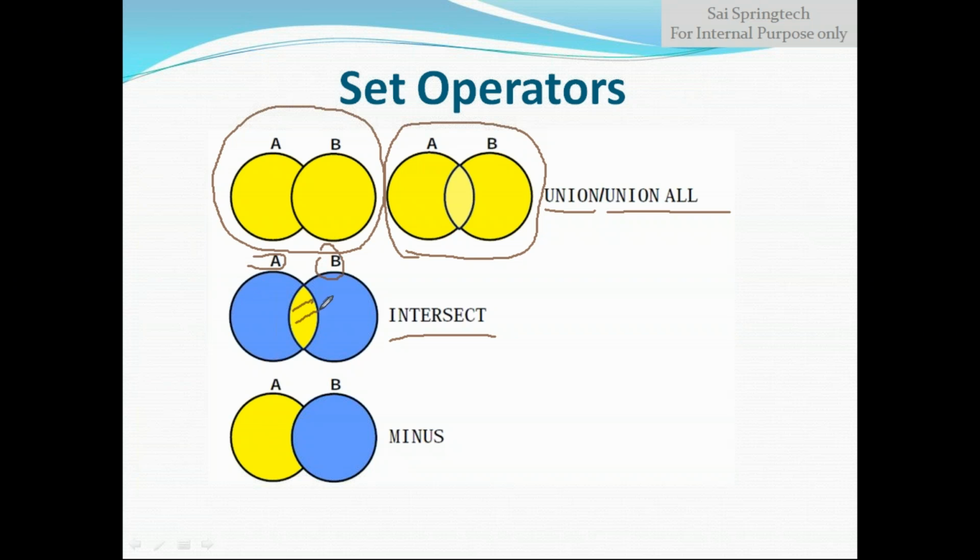It gives me only those rows which are common between A and B. What is minus? Minus gives me rows in the first query that are not present in the second query. So if there are rows which are also available in the B query, it will eliminate those.